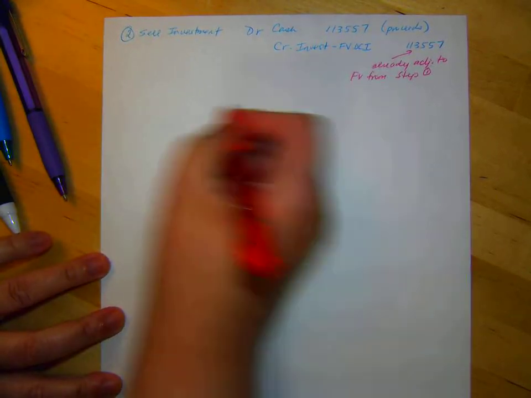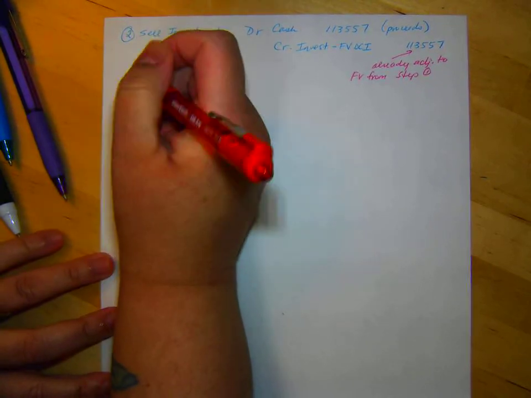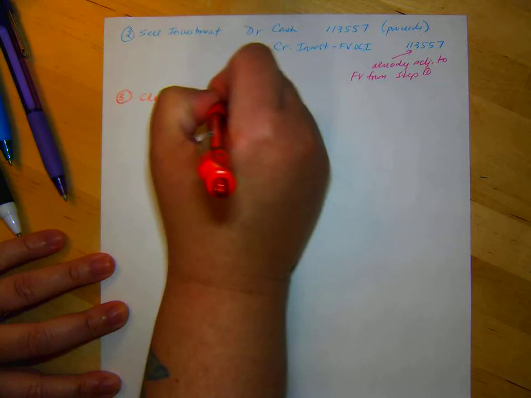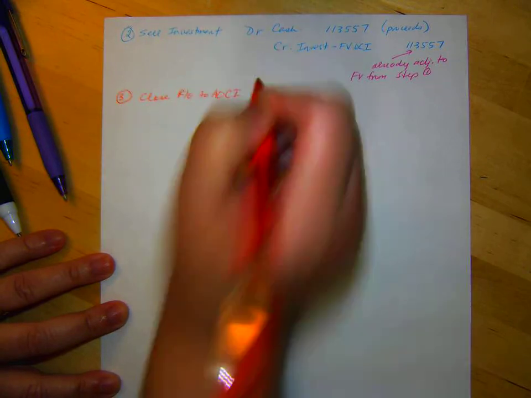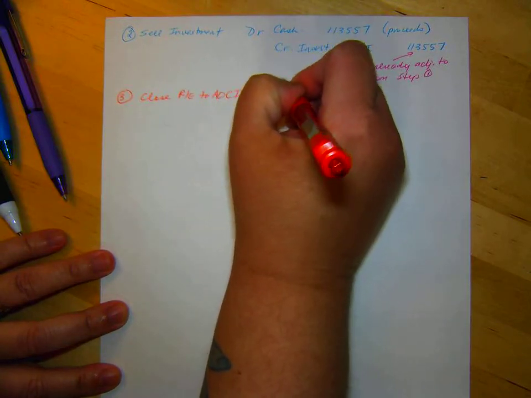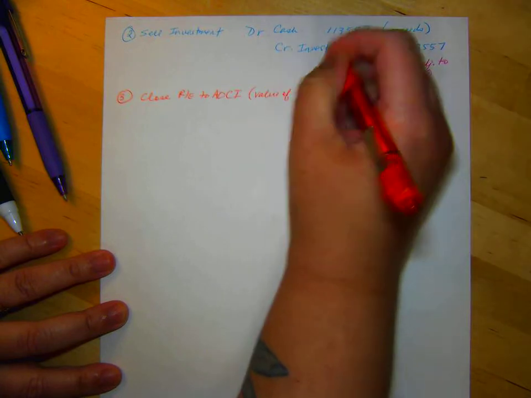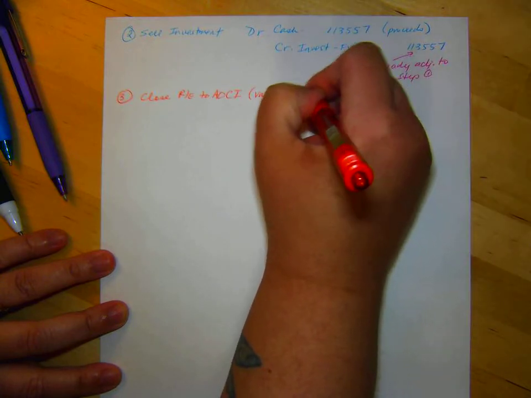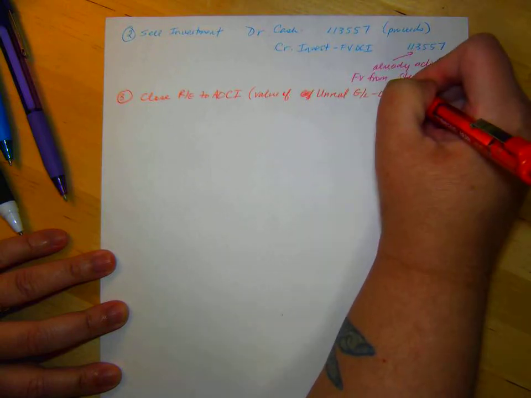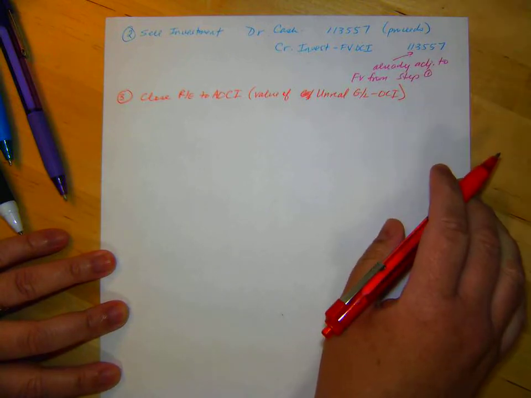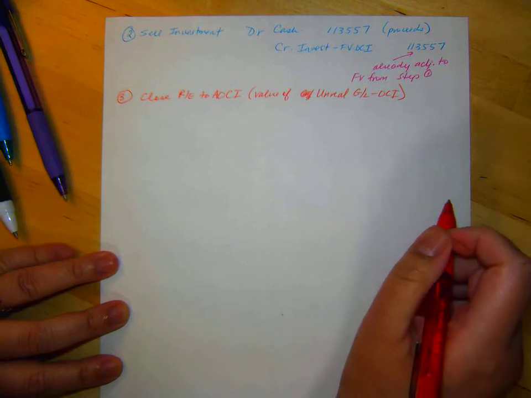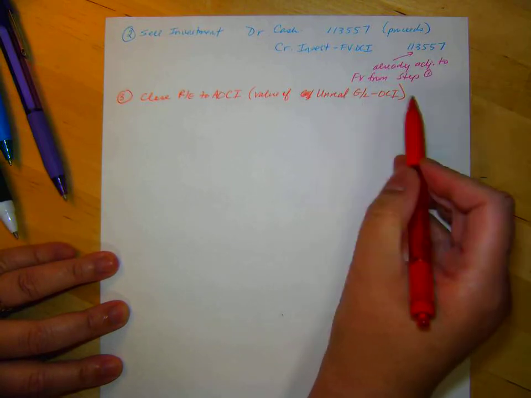So the third step, we need to close retained earnings to AOCI. And that will be the value of gains, unrealized gains and losses, OCI. So, how much is sitting in unrealized gains and losses OCI?